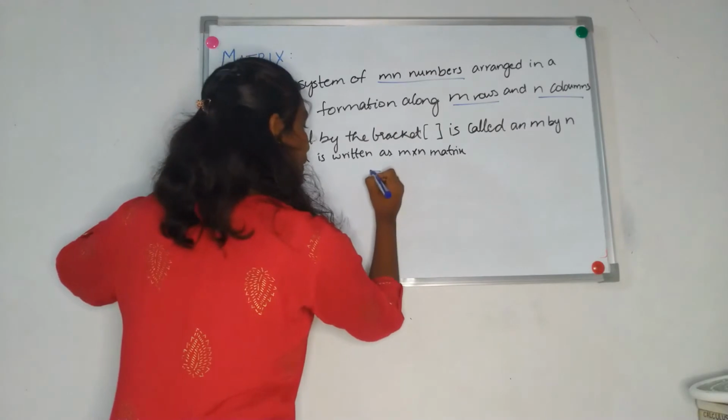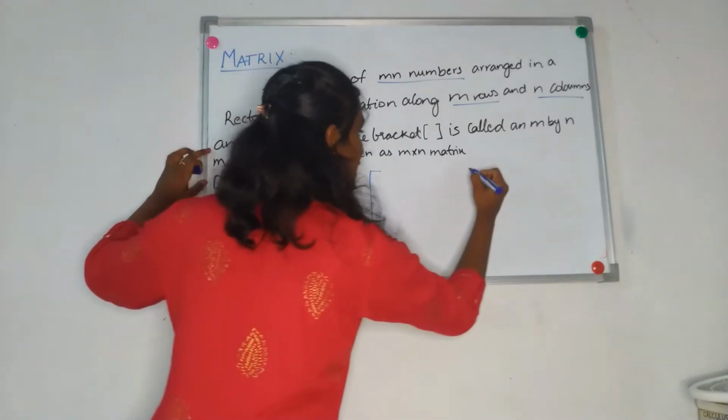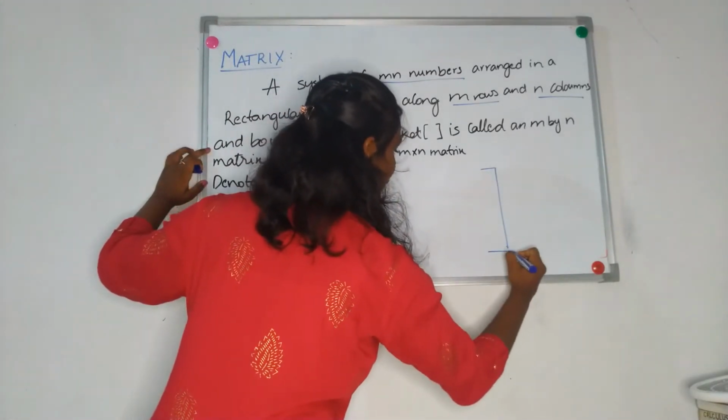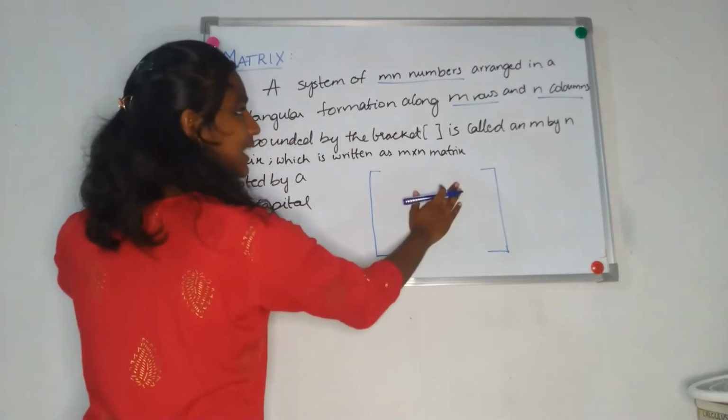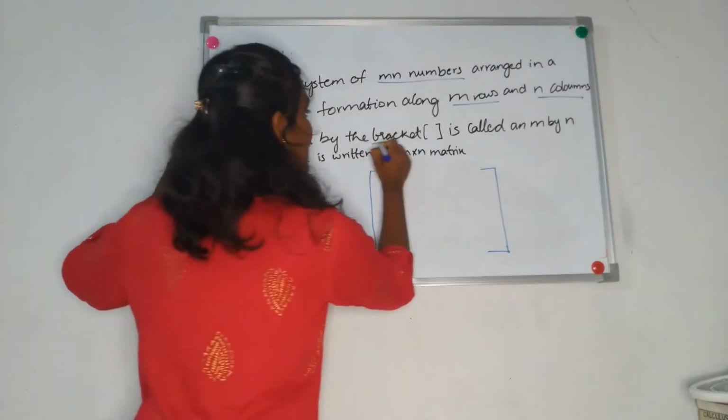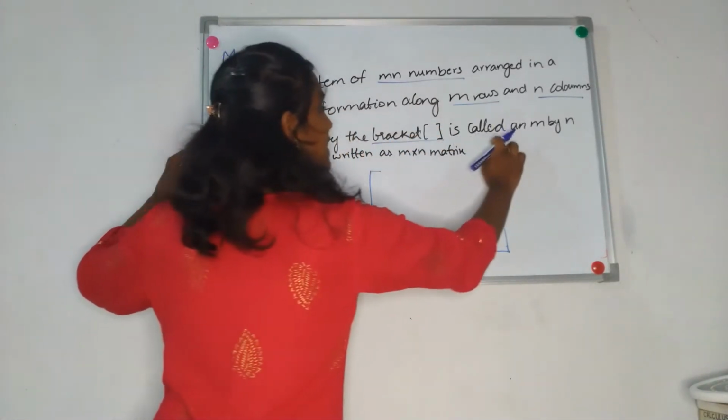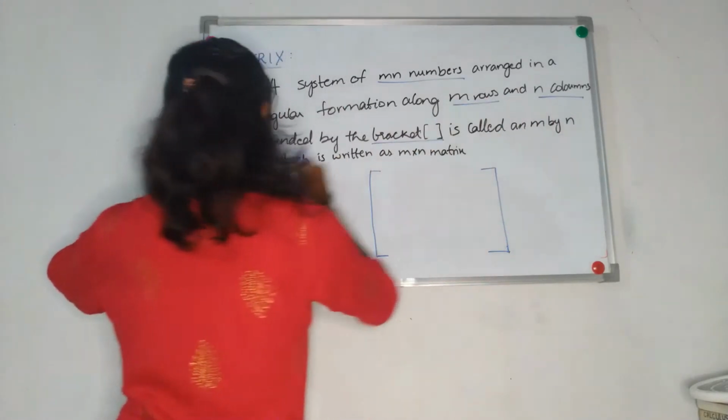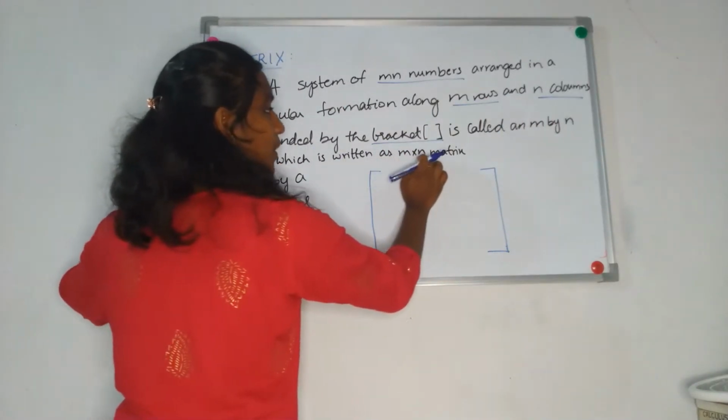So you have brackets and everything is written inside the bracket. This is called an m by n matrix, which is written as m cross n.